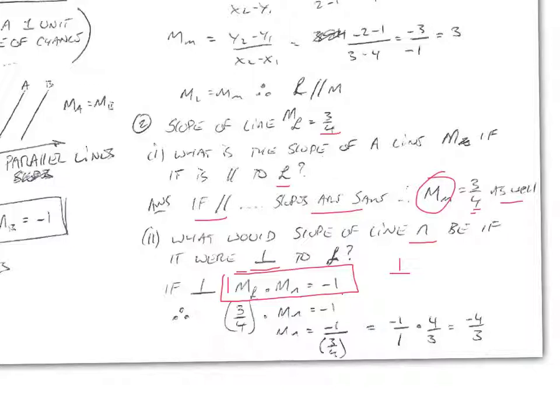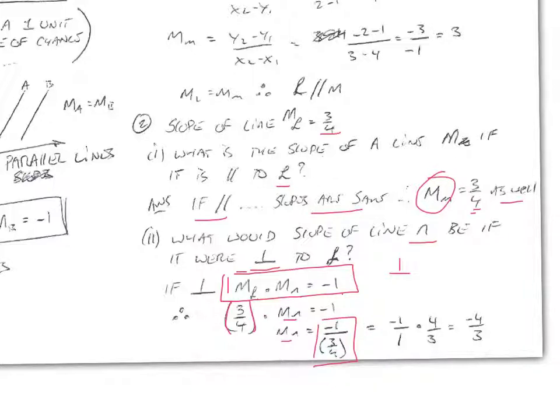So that would mean that 3 over 4 times mN, which is our slope of N, is equal to minus 1. So if we divide both sides by 3 over 4, mN is equal to minus 1 divided by 3 over 4.